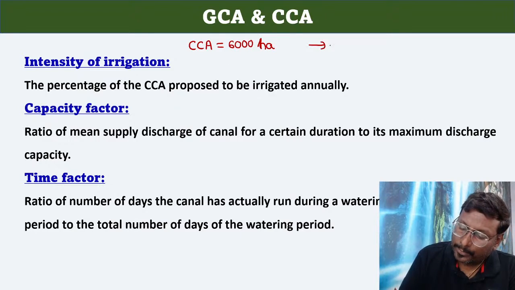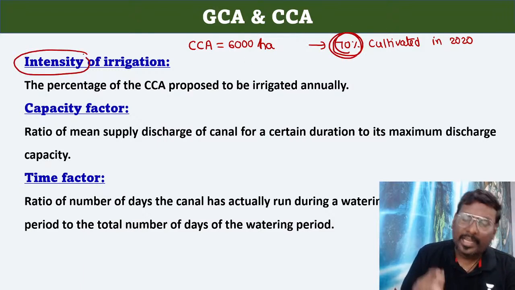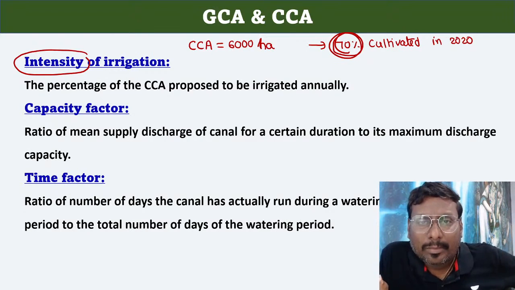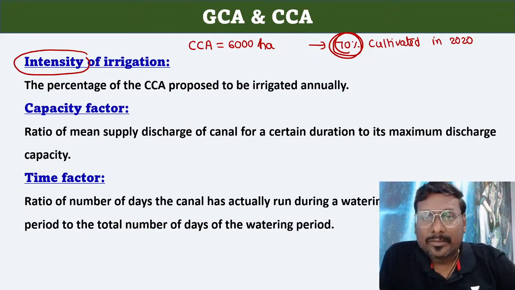In that, for example, 70% is cultivated in 2020. So that 70% is called the intensity. The total land is not cultivated: out of the total cultivable 6000 hectares, 30% is left uncultivated due to some reason.